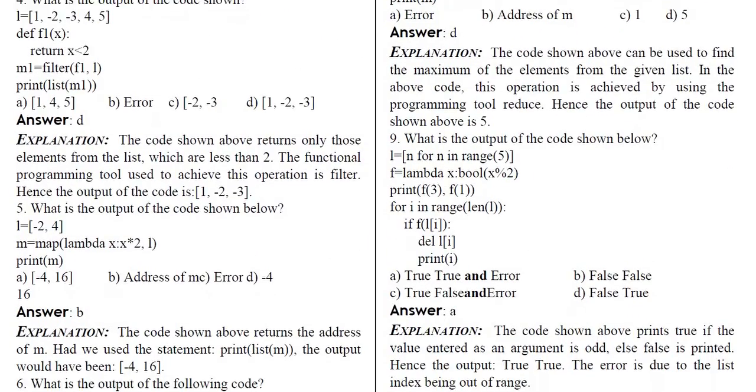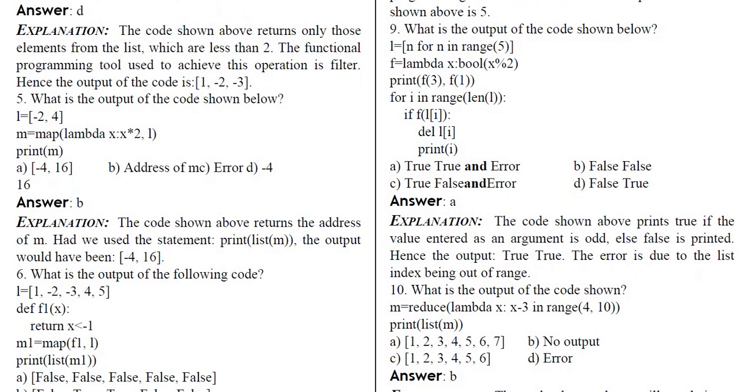Next, what is the output of the code shown below? Now you will see n for n in range 5. Here a for loop is there for one list, and second f is equal to a lambda with bool of x modulus.